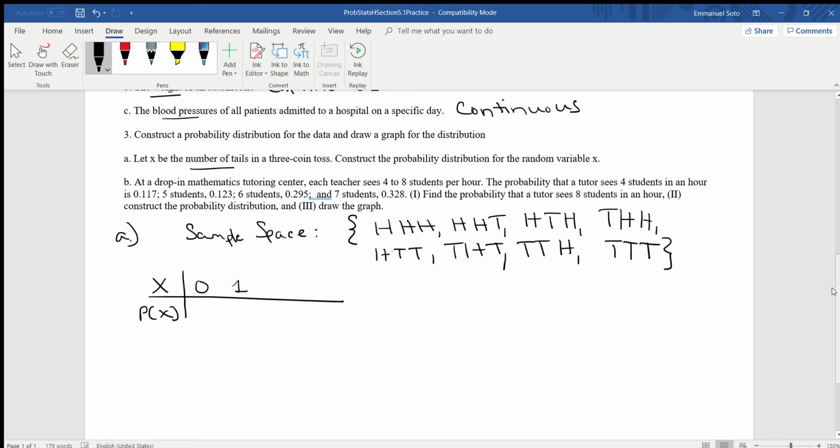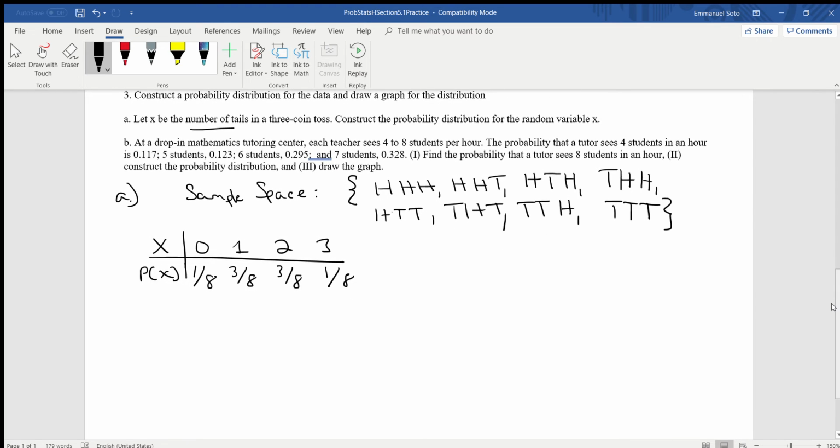We can have 0, 1, 2, or 3 tails. So our chance of getting no tails is 1 out of 8, 1 is 3 out of 8, 2 is 3 out of 8, and 3 is 1 out of 8. Okay, so in this case, we just want to construct a probability distribution. We don't have to graph it, so we're good. We are done with A.